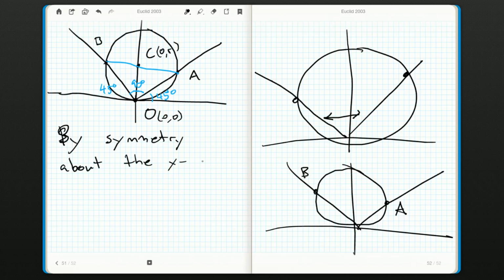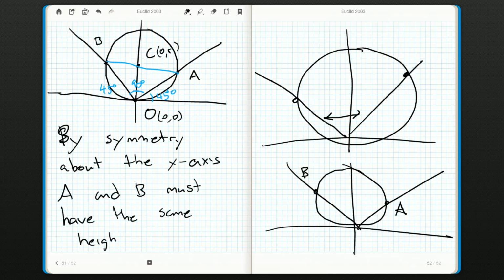So by symmetry about the y-axis, A and B must have the same height. I'll even just leave this picture in for justification, but I think this statement stands on its own.